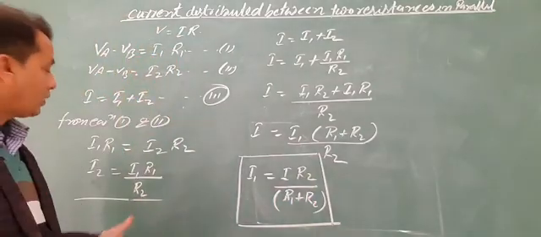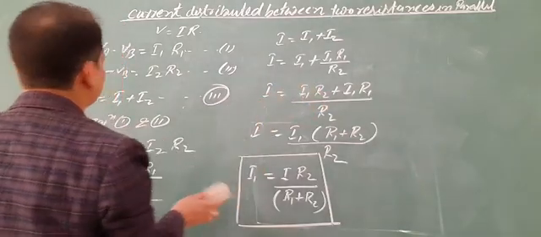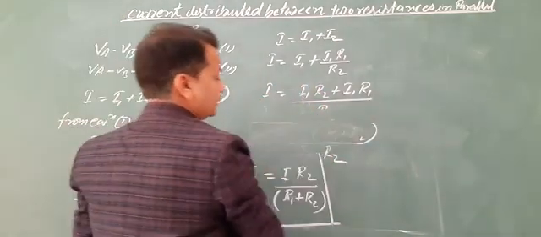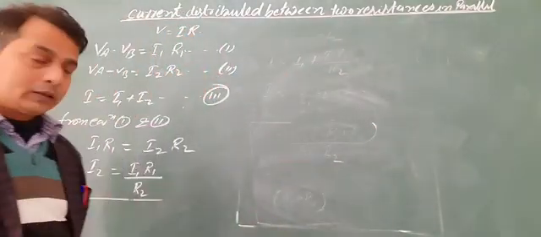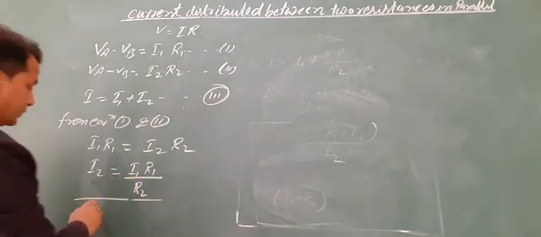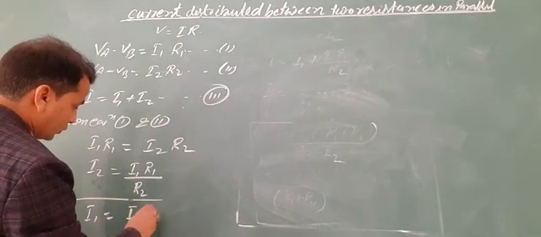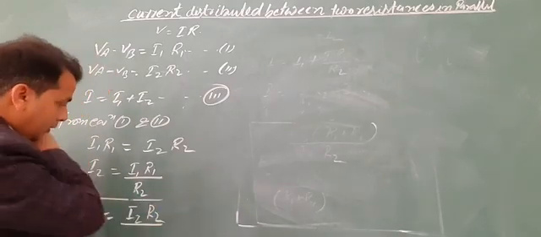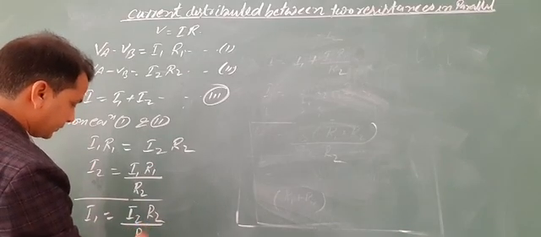Next, the value of I2. Here I2, I1 equals I2 R2 by R1.